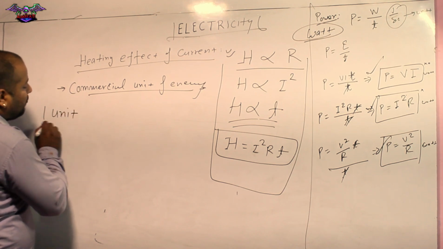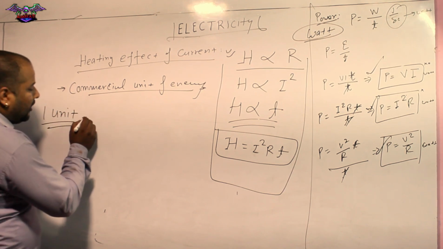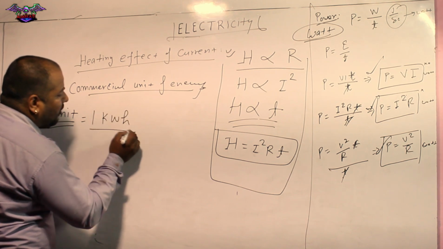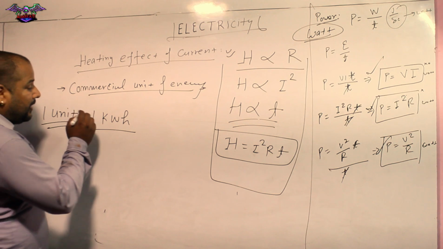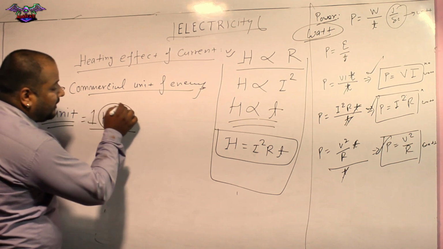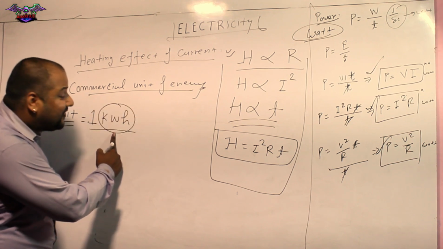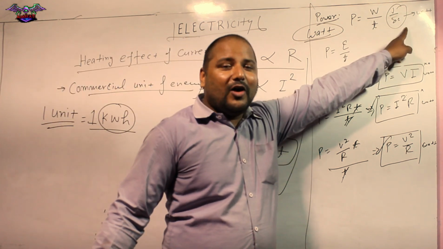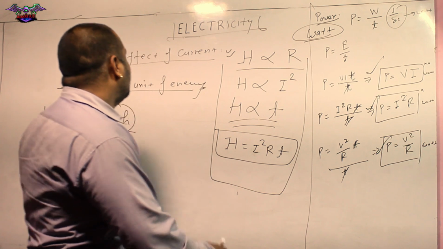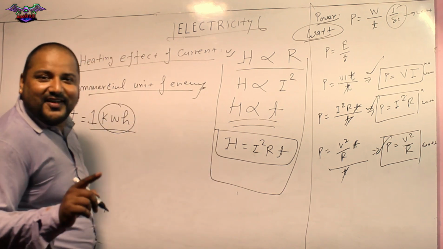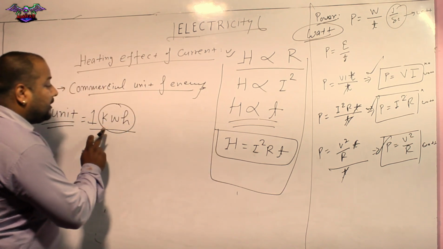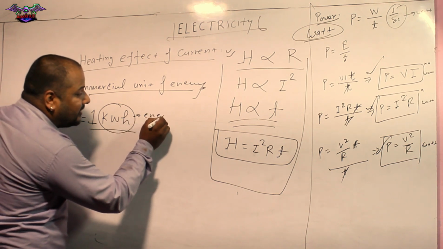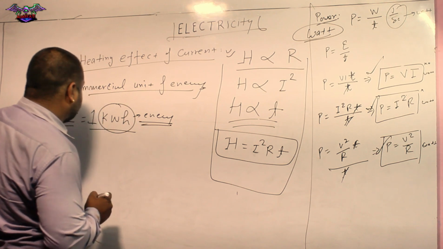Always remember, 1 unit of energy equals 1 kilowatt hour of energy. Remember, kilowatt hour is a unit of energy, watt is the unit of power and joule is the unit of energy. Always remember, don't be confused.